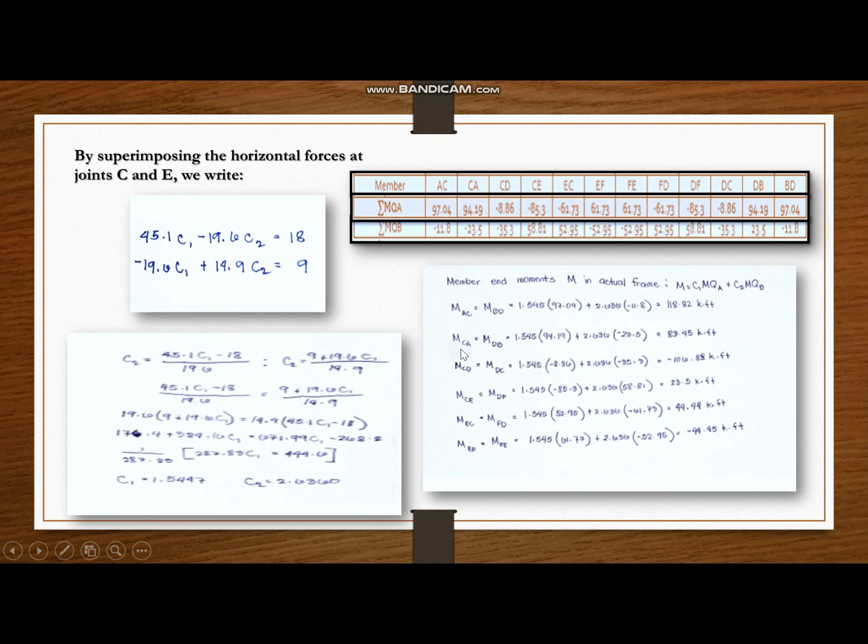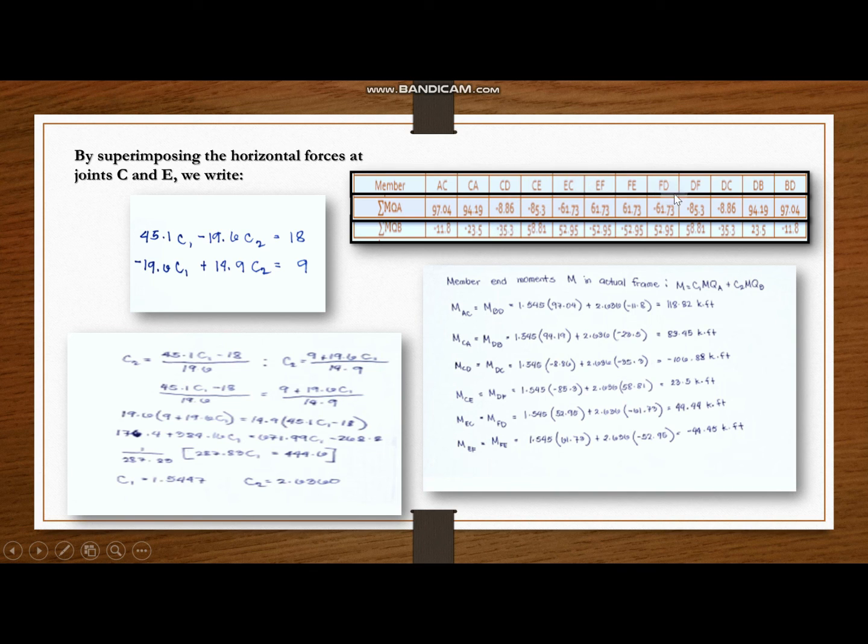Also, MCA is equal to MDB is equal to 1.545 times 94.19 plus 2.636 times negative 23.5 is equal to 83.45 K feet. Also here, MCD is equal to MDC is equal to 1.548 times negative 8.6 times negative 35.3 is equal to negative 186.88 K feet.